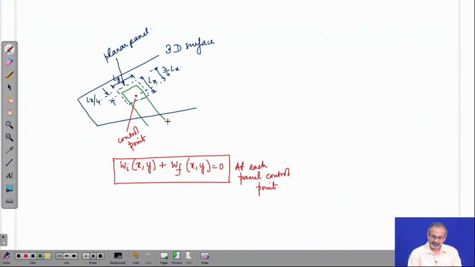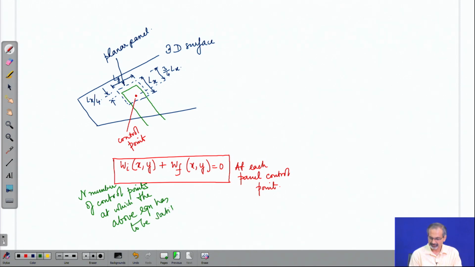Now, if you have n number of control points at which the above equation has to be satisfied, then you will end up solving n number of horseshoe vortex strengths.